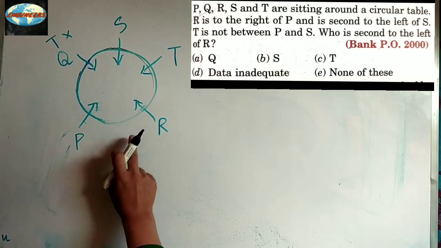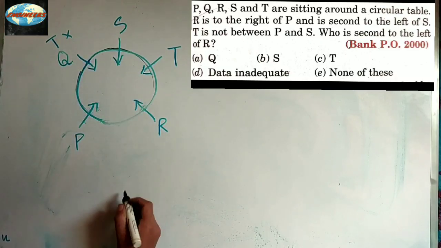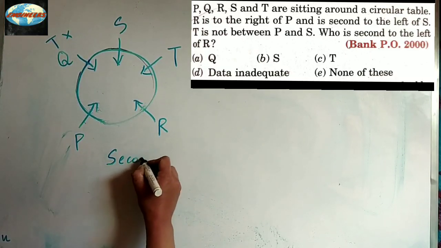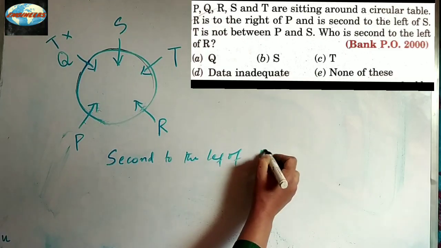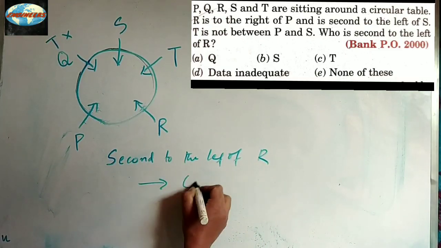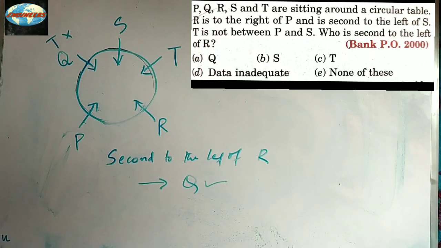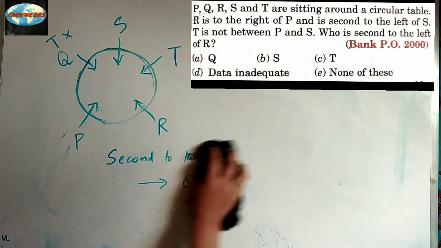Now second to the left of R is Q. Okay guys? This was a very basic question. Very easily, when we assumed the directions, we were able to solve the question.